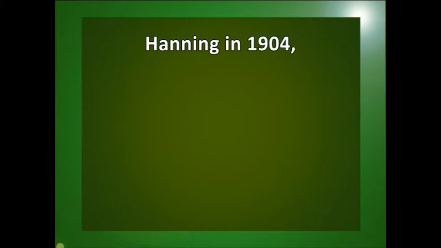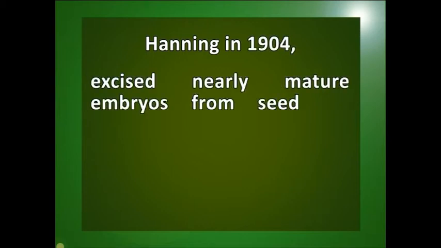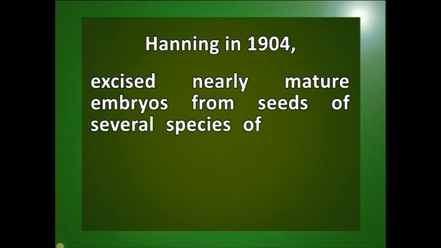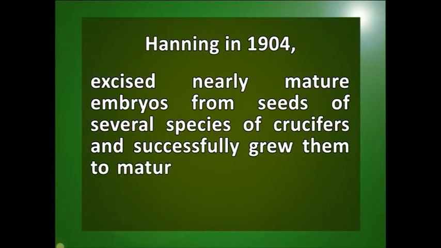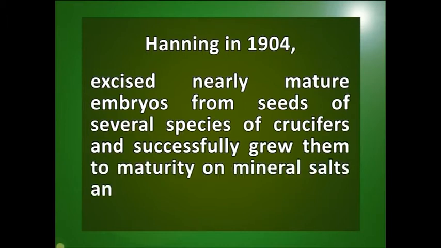Then, learning from Haberlandt's failure, Hanning in 1904 excised nearly mature embryos from seeds of several species of crucifers and successfully grew them to maturity on mineral salts and sugar solution.